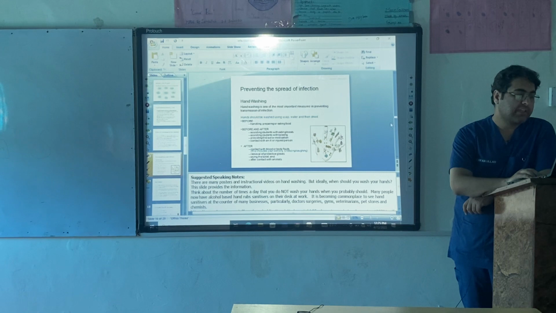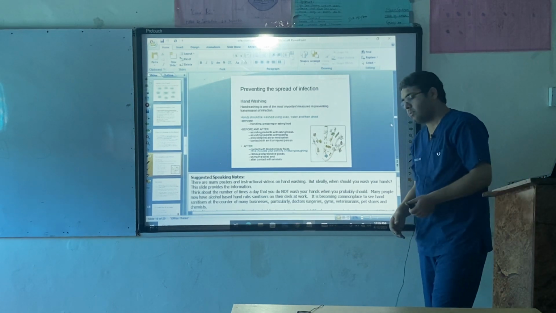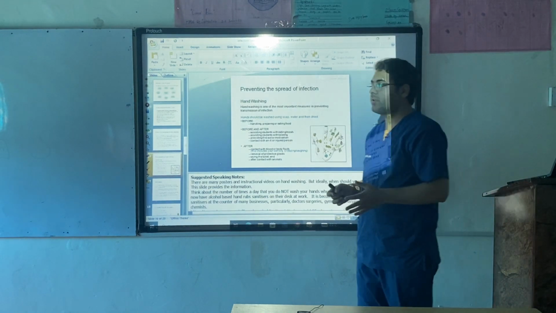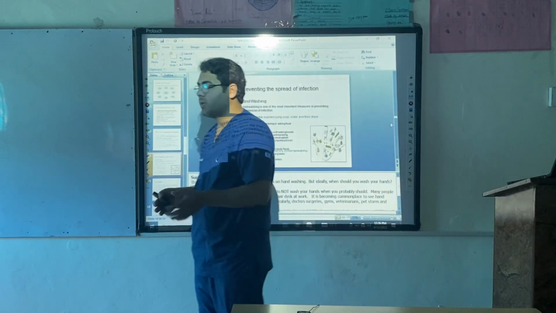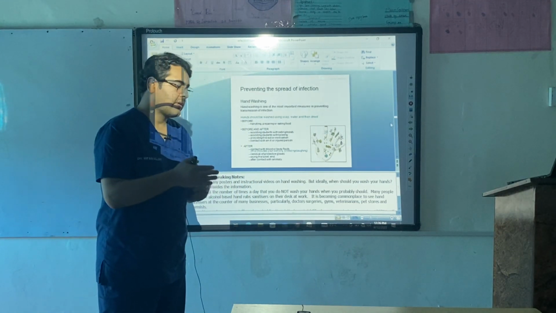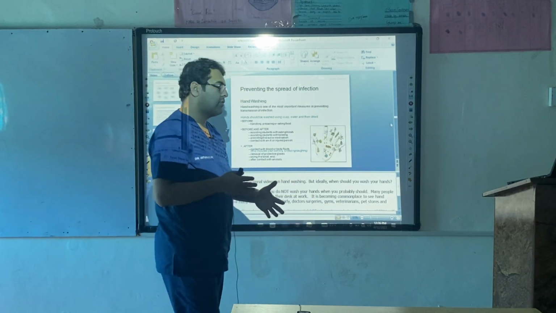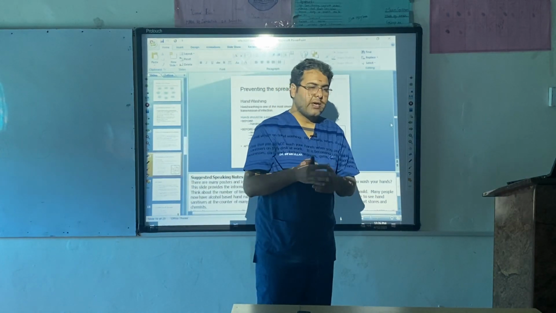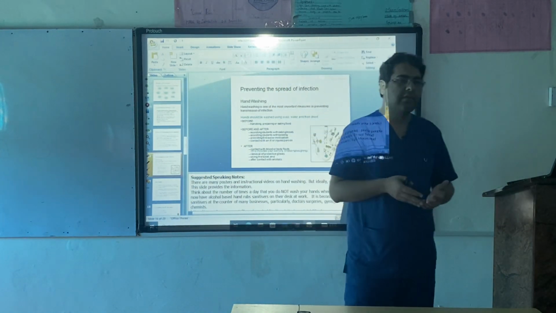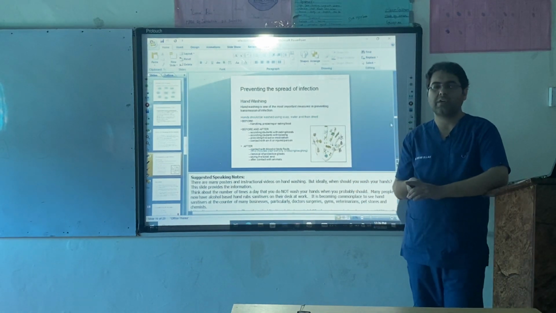Prevention of spread of infection, in which the important thing is hand washing. Hand washing is one of the most important measures in preventing the transmission of a disease. They say that if you are dealing with a patient who is diseased, who is admitted in the hospital, and you are examining him and taking care of him, whenever you come close to the patient, you should have very good hand hygiene, you should sanitize, and you should use proper gloves, and after going out of the room, you should again sanitize.